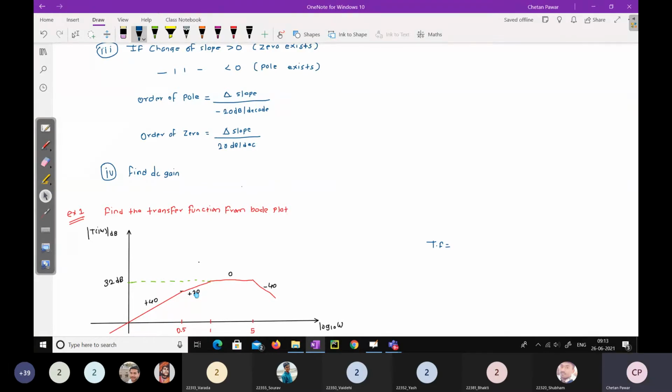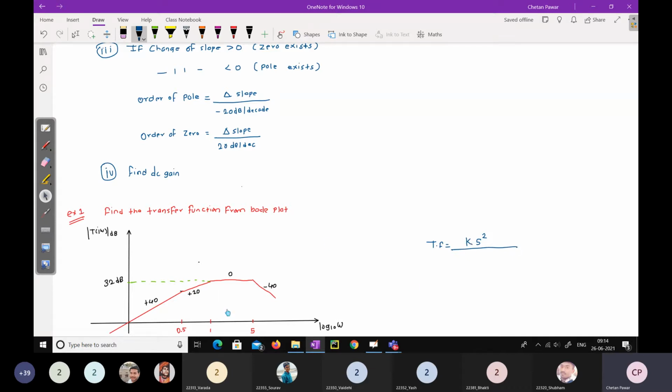Zero. Good. And what will be the order of that zero? 2. Yes, good. So there are two zeros at origin, and we also don't know the gain, so I will put that as K.